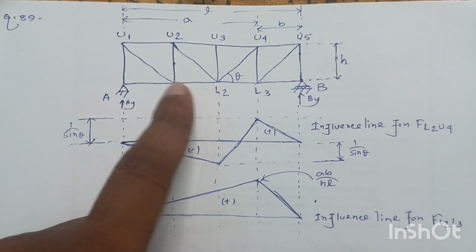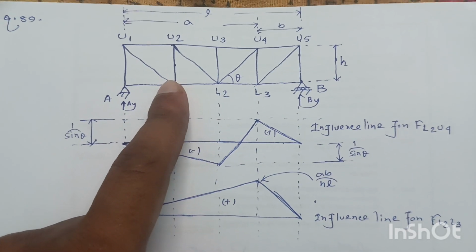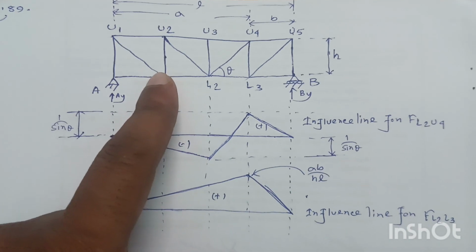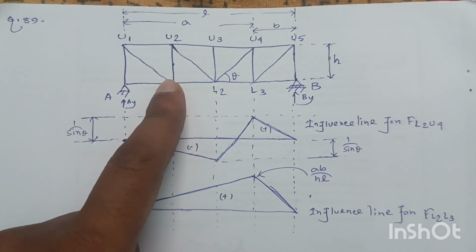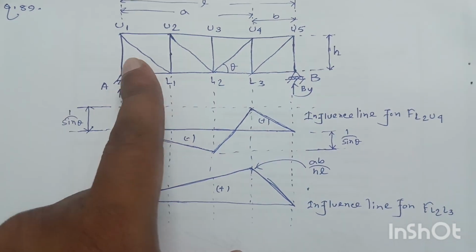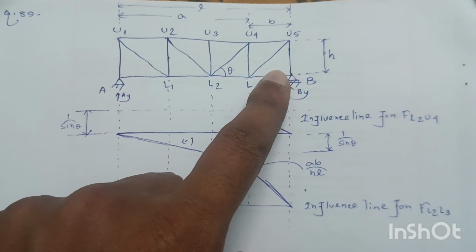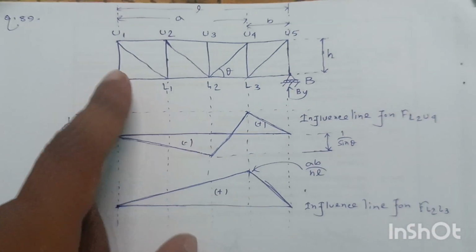Not going deep into the analysis, just to give you an idea of this question. This is a Pratt truss consisting of 4 panels of equal length.